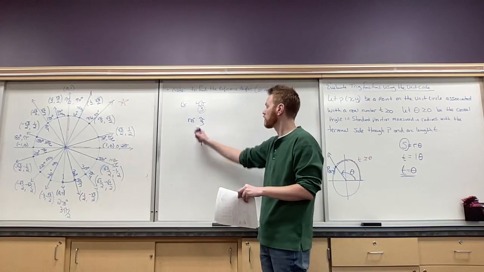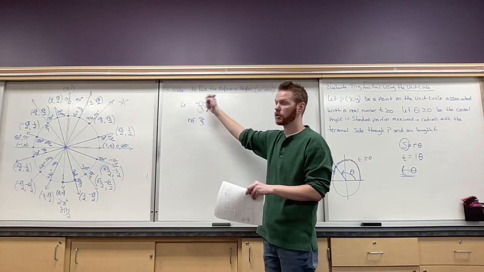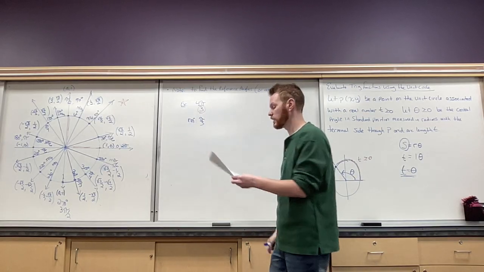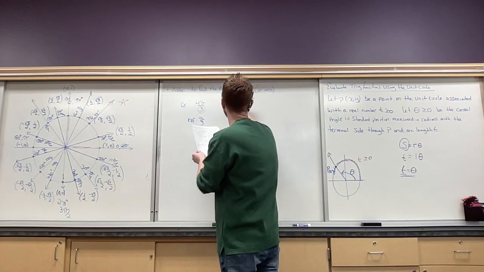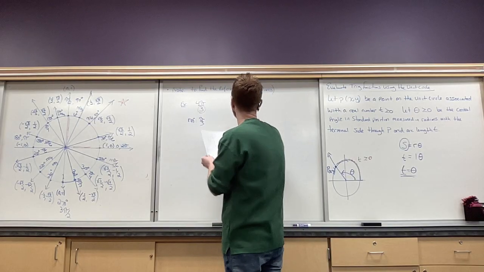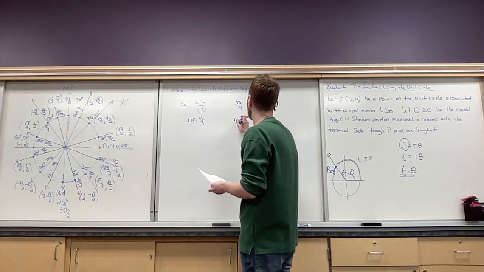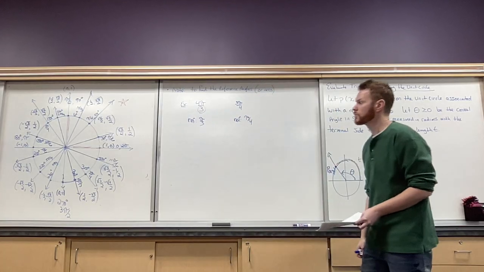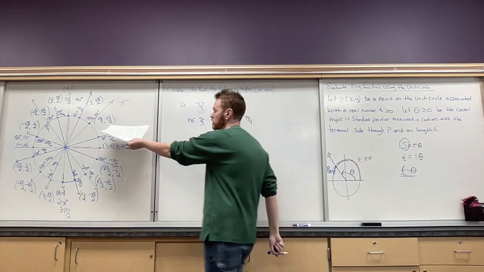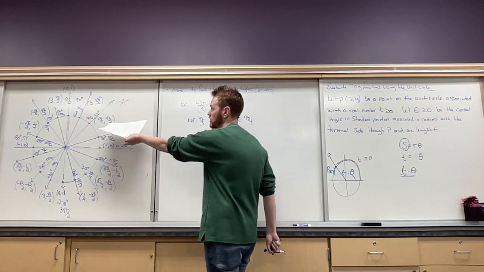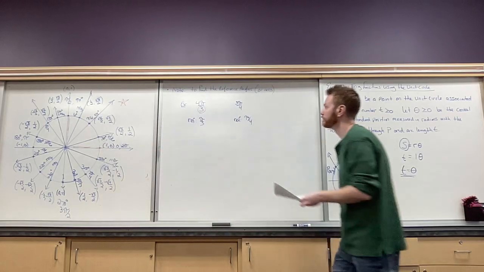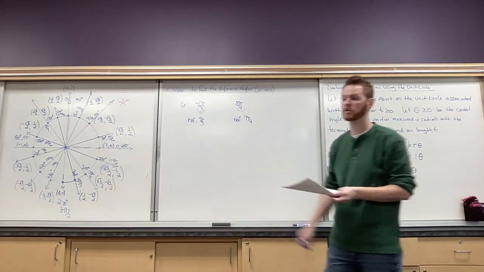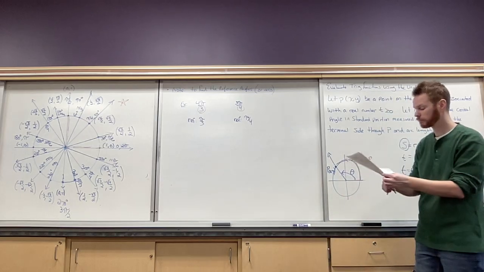So using pi over 3's numbers, you can figure out what sine and cosine is and just change the sign that's necessary. If you had something like 5 pi over 4, what's the reference? It's pi over 4. So you use pi over 4's numbers and then just change the signs depending on what quadrant you're in. So if you want to find reference angles, it's actually pretty easy to find.